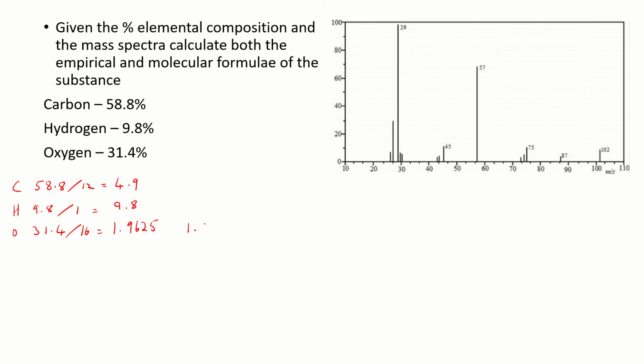So it's obviously the 1.9625, we divide by itself. You'll always get a value of 1 somewhere because any number divided by itself is 1.